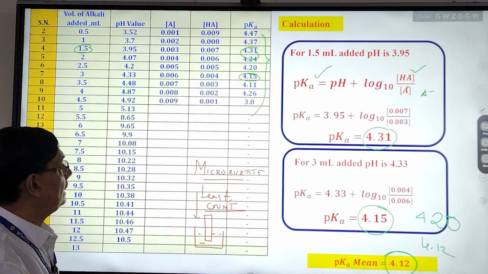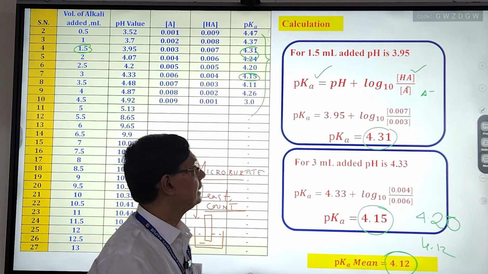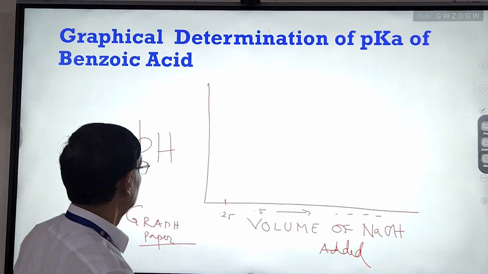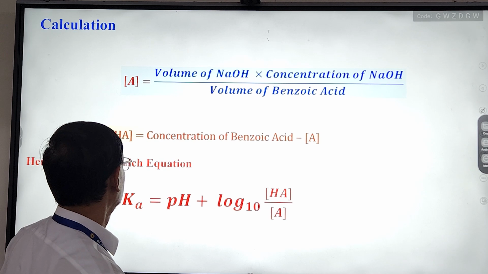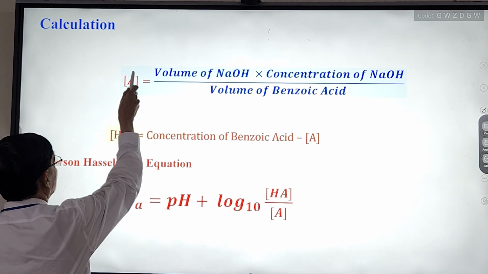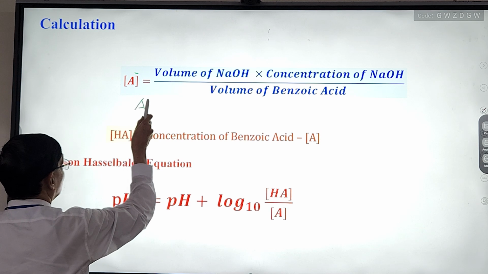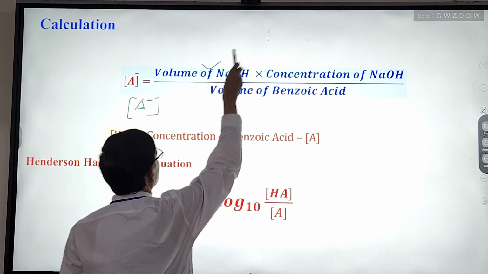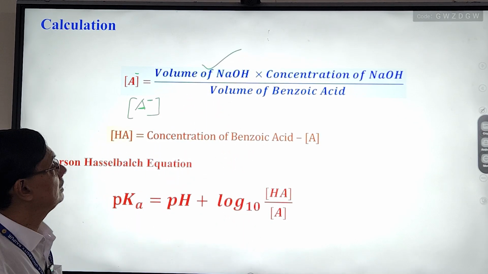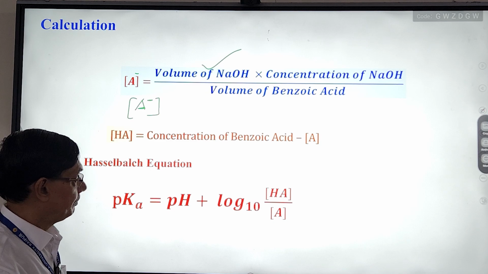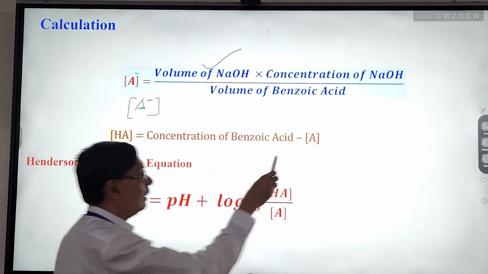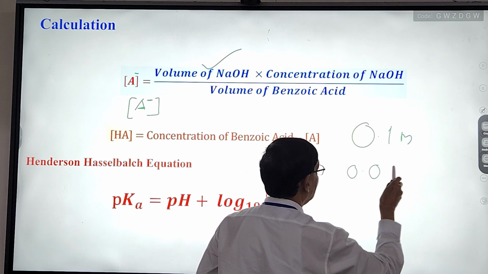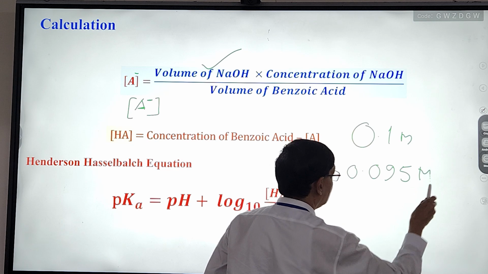And now the question arises: how can we calculate the HA and A negative? First we calculate the A negative, that is the conjugate base. The volume of sodium hydroxide, suppose we are using 1.5. The concentration of sodium hydroxide is actually 1, but whatever we are getting, suppose 0.95, so I have to use that.